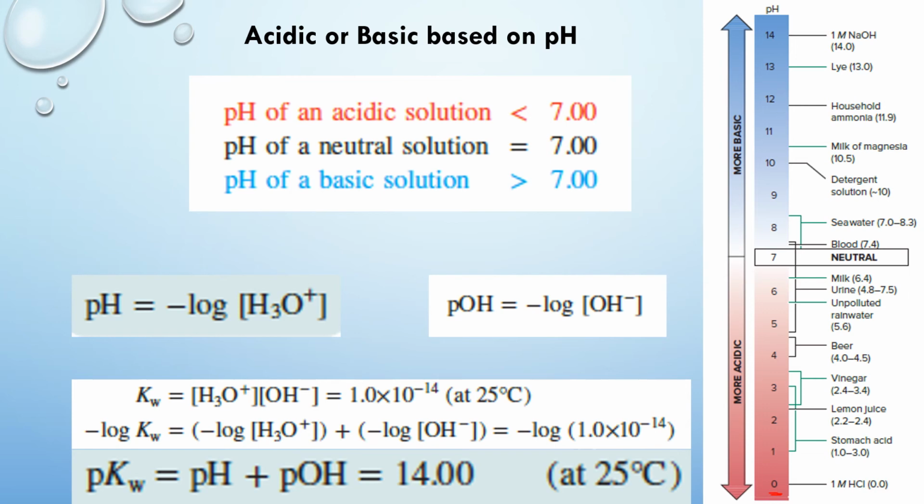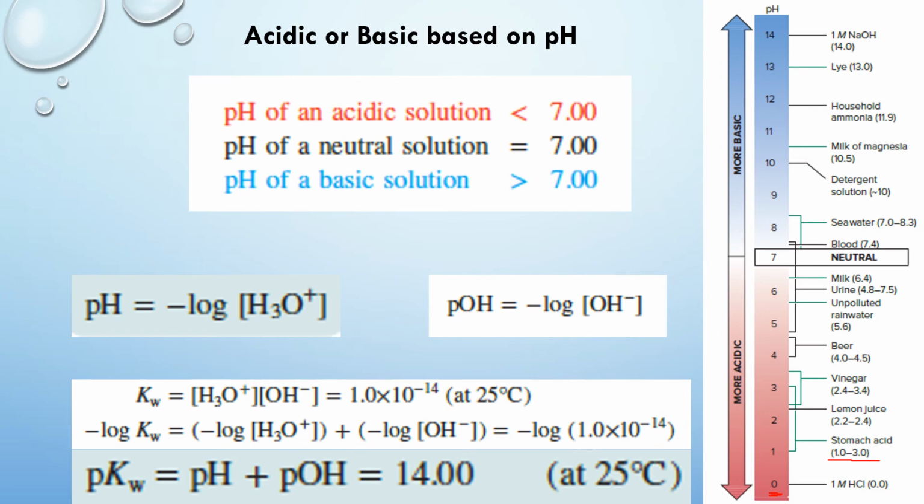For our stomach acid, which is in the pH range of 1 to 3, that means the concentration is between 10 to the negative 3 and 10 to the negative 1. We know that's mainly hydrochloric acid. For 1 molar hydrochloric acid, the pH is equal to 0.